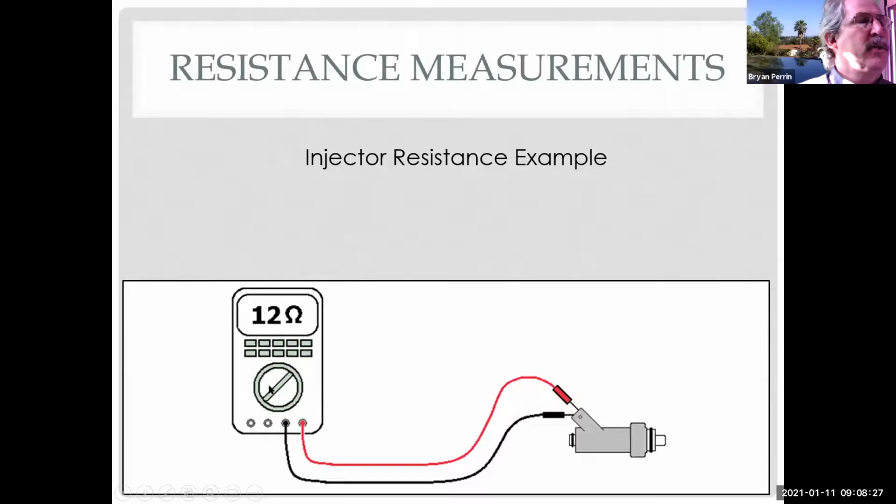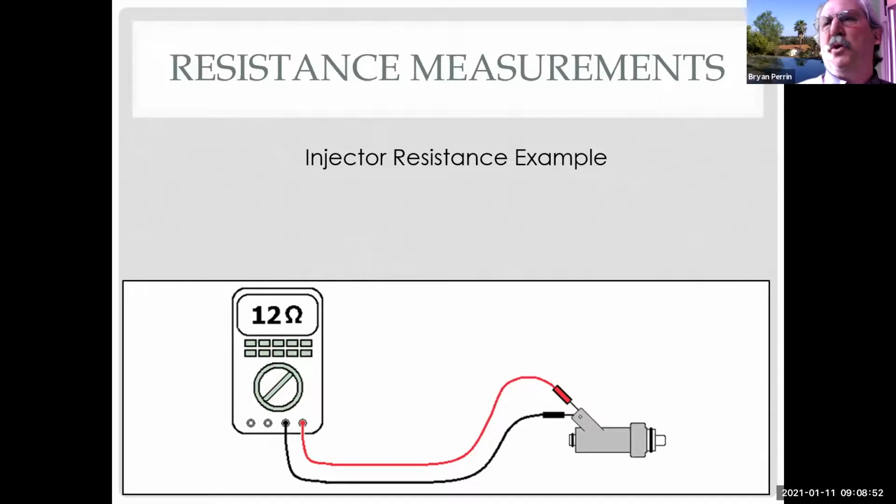So here is an injector resistance example. Here we're measuring the resistance on an injector. So, say I used an amp clamp and saw that I didn't have enough current flow. I could disconnect the injector and measure the resistance, but keep in mind the resistance is going to change between testing it here and when it's working.